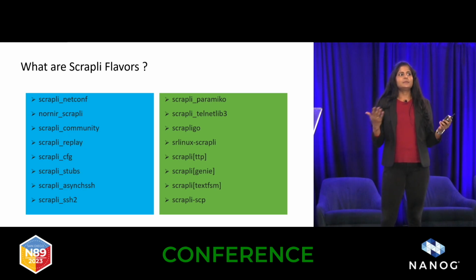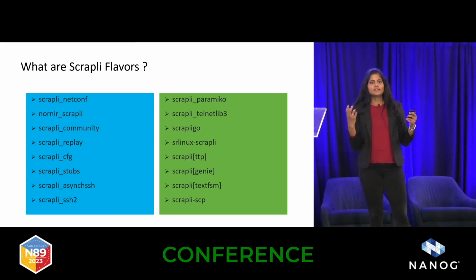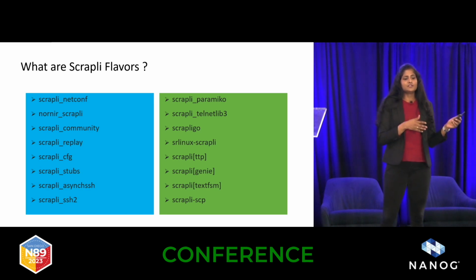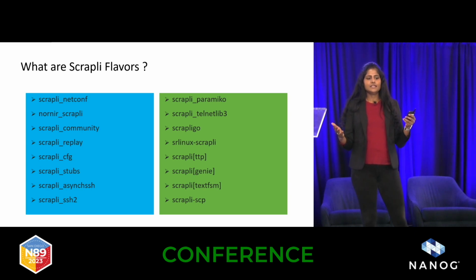And it has Scrapli Replay, which helps you to do testing. You can actually test all the Scrapli APIs and keep it in your system just to check if everything is working fine, just in case you don't have the device with you. And you have Scrapli config, which helps you to do merge and replace configuration on the devices.